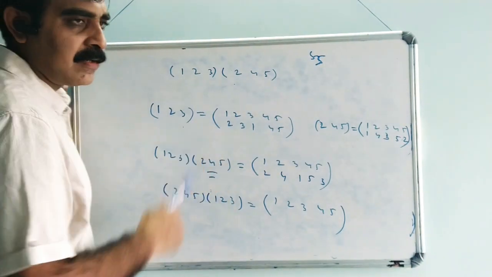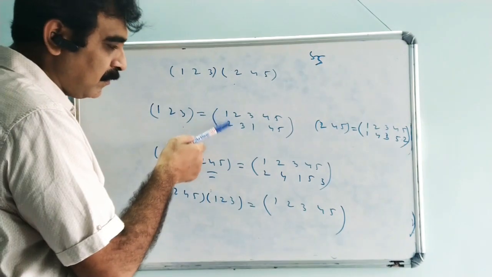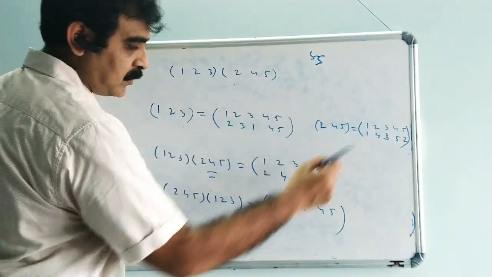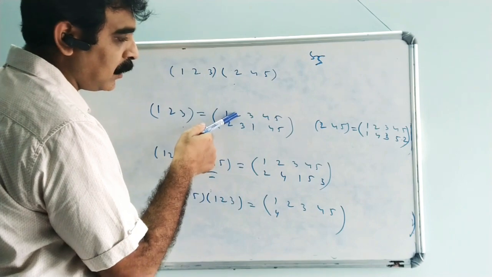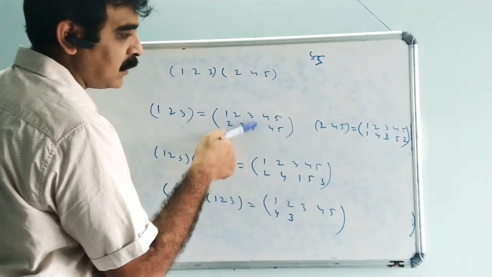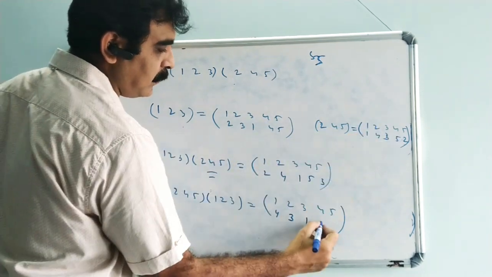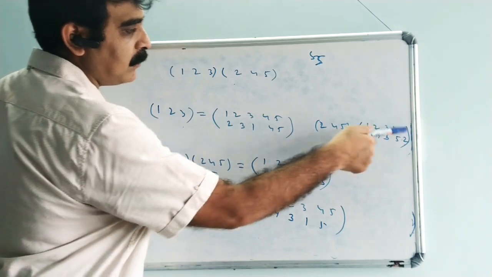Now we think from the other cycle first, because this is in the second position. 1 comes to 2, 2 comes to 4; 2 comes to 3, 3 to 3, 3 to 1, 1 to 1; 4 to 4, 4 to 5, 5 to 5, 5 to 2.